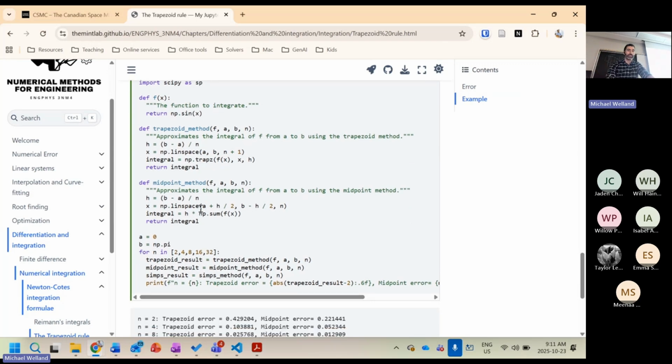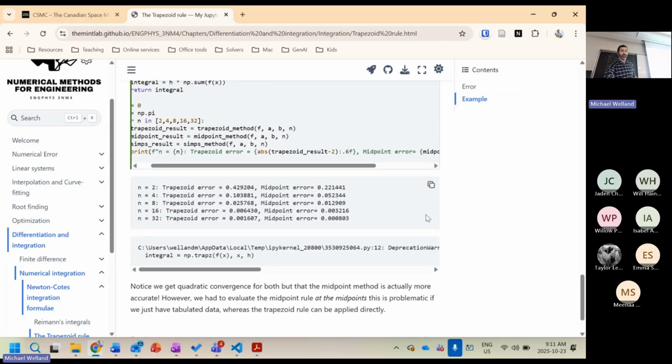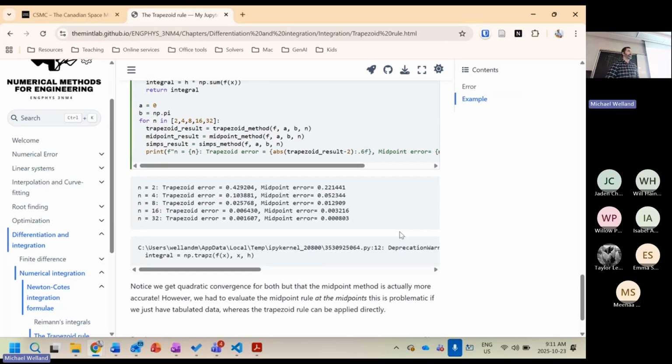For the midpoint rule, we have to do something more complicated. We have to actually generate it at the midpoint of those intervals and use that. If you didn't have a callable function, you would be SOL, because you can't really use that. So trapezoid rule is generally considered better and an easier application, even though it has similar orders of convergence.